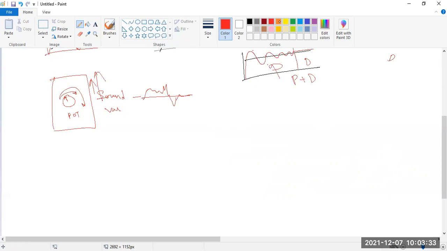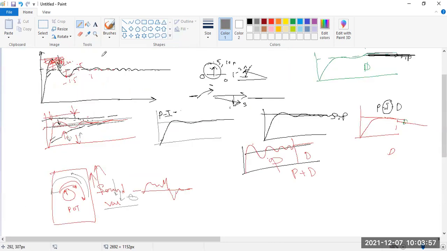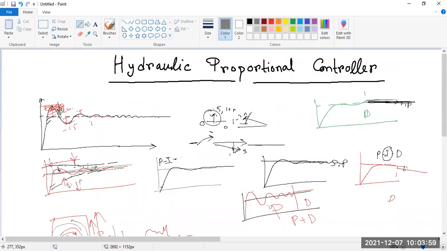If you move in the opposite direction, then it will reduce. If you move more, it will reduce further, or sometimes go to the zero position. So this knob is also acting as a proportional controller. Proportional control action is also working for this sound system.